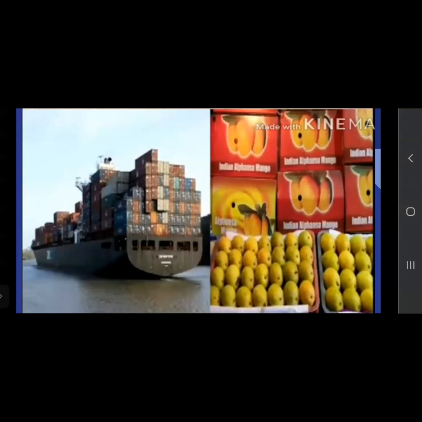From the Konkan to the Mumbai you can go by the waterways, and from there then further you can export them by the airways. So 2 modes of transportation you can choose over here, or otherwise directly by waterways we can go from this Konkan to that country.